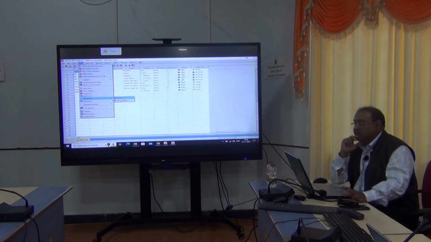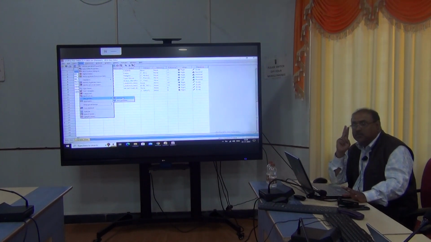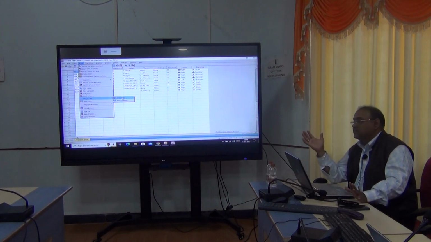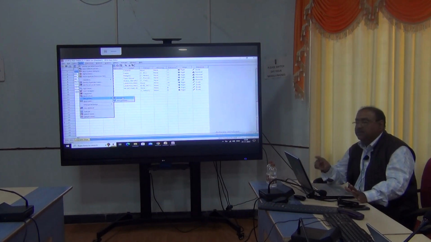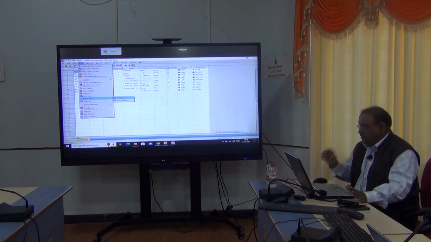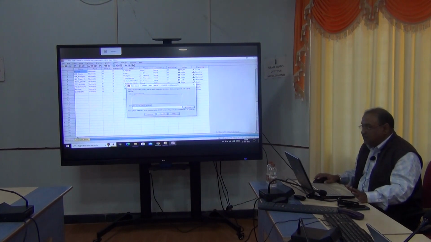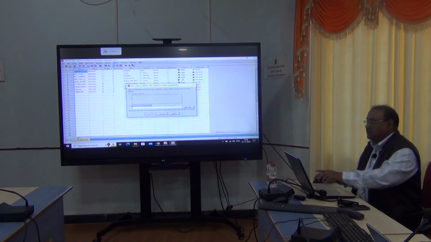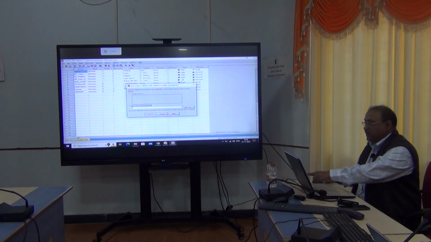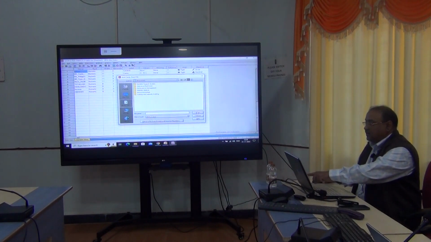Suppose you are merging two files of households only, meaning households from one village with households from another village, then you can straight away use the R cases. There also the case ID, see, you can browse another file here, take it, and if you open that file, it will give something to merge.